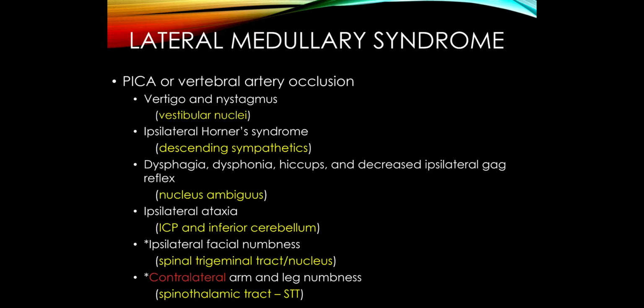So the blood vessel that supplies the lateral medulla is the PICA. But just like with the medial medullary syndrome, the PICA also comes off of the vertebral artery. And so in lateral medullary syndrome, the blood vessel that is occluded statistically is more likely to be the vertebral artery.